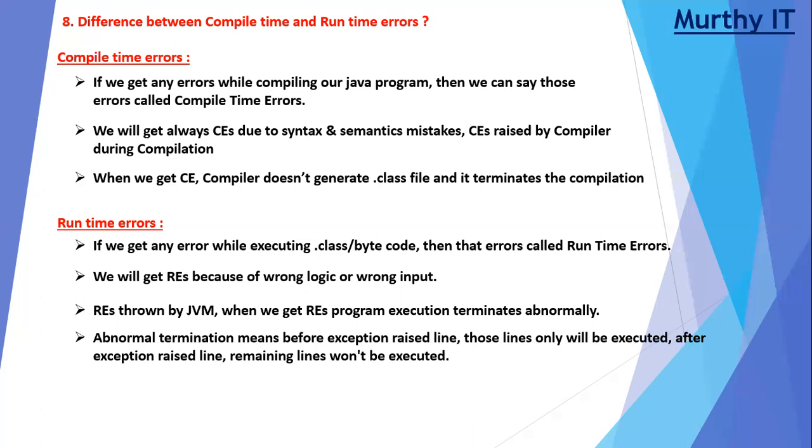Lines before the exception line will be executed; lines after it won't be executed. Runtime errors are also called exceptions. This is the difference between compile time errors and runtime errors.